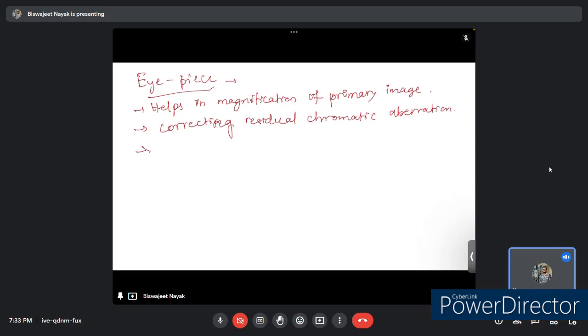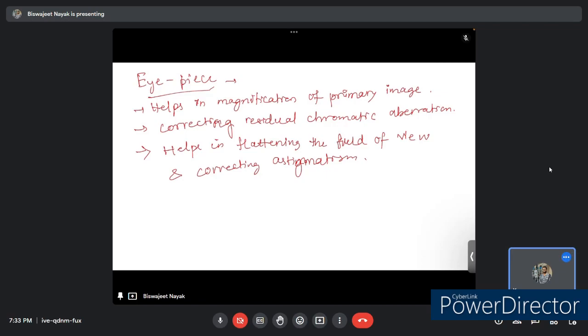Another point, they also help in flattening the field of view, and also help in correcting astigmatism. So these are the two most important parts in a light microscope. One is objective, another is eyepiece.